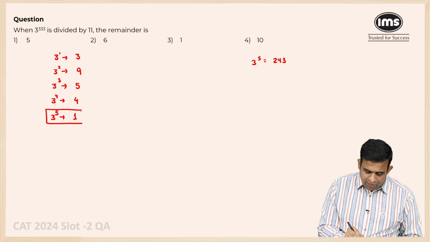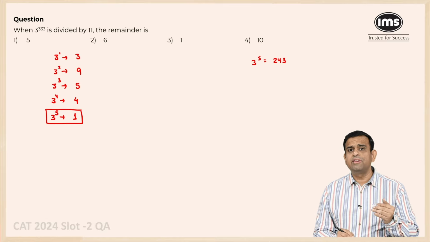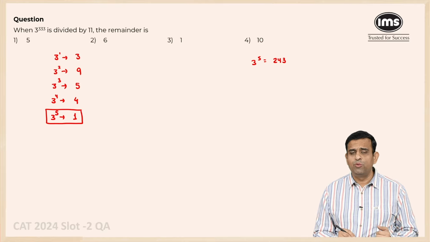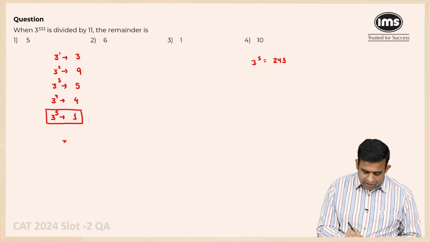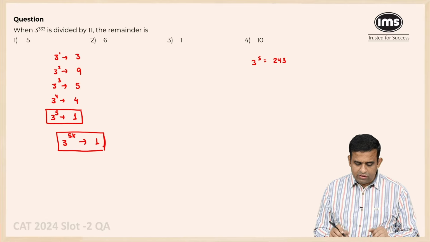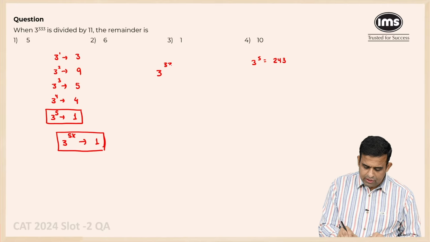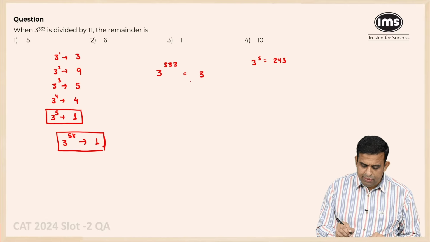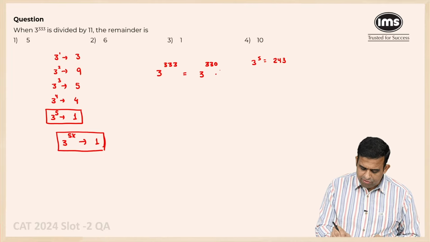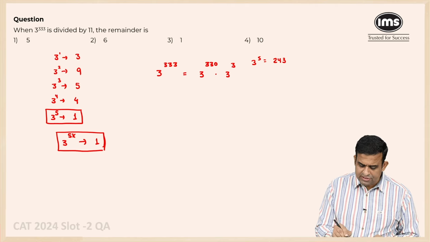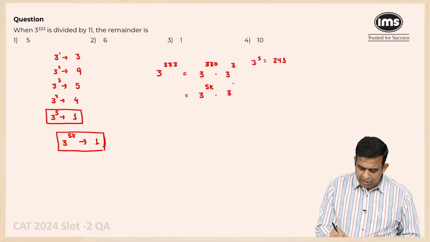So once I know 3 power 5 will give me a remainder of 1, a number like 3 power 10 is also going to give me a remainder of 1. 3 power 15 when divided by 11 also will give me a remainder of 1. So anything in the form 3 raised to 5k when divided by 11 will give me a remainder of 1. Now the number 3 power 333, I will write as a power of a multiple of 5: 3 power 5k into 3 power 3.